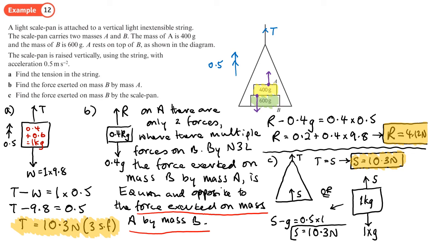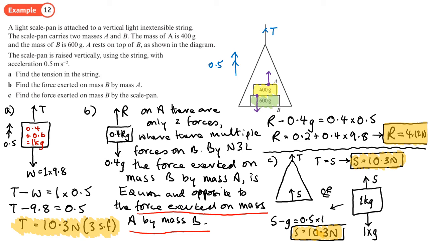So this is a part of the question where we can clump together the masses as well, because S is a force that's acting outside of the two masses, not between them. Now I know these types of questions can be quite confusing for students.